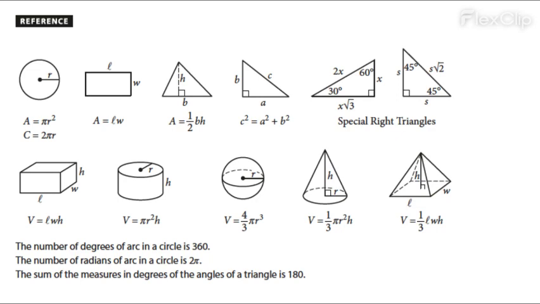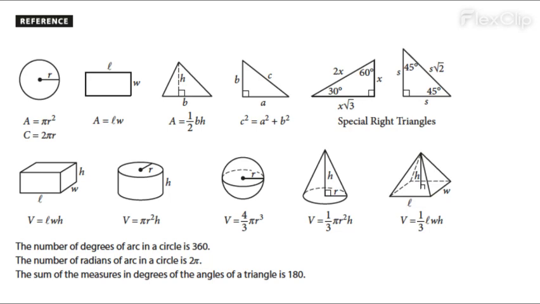Now a lot of questions that I get asked is about whether you should memorize these formulas. And I think that there's a really nice fine line in between that you need to fill. Now, I don't think it's super important to know some more obscure things on here, like the special right triangles. Like it's obviously really great if you do, and you should still have a basic idea of how they work when you go into the SAT.